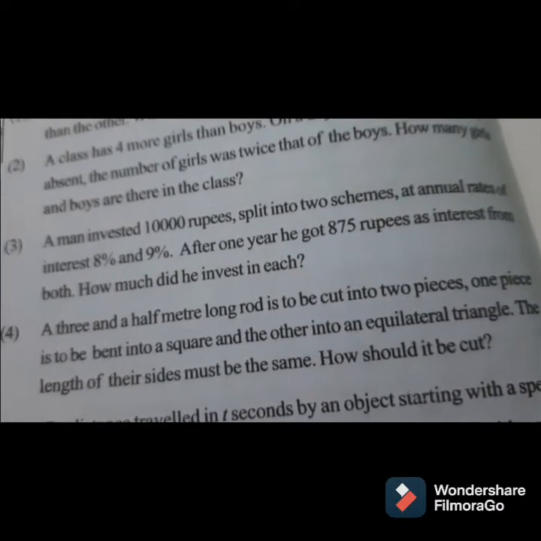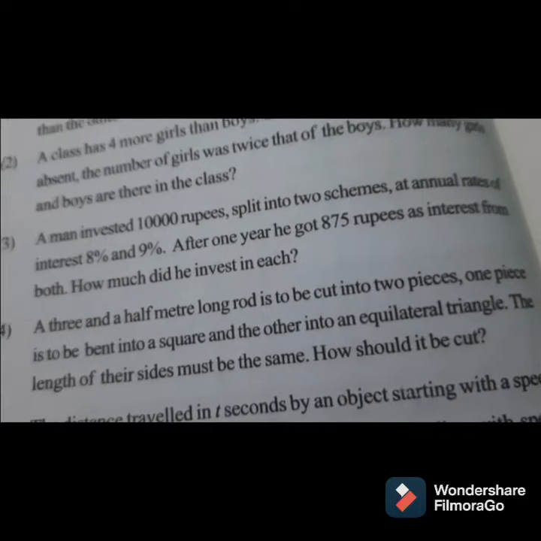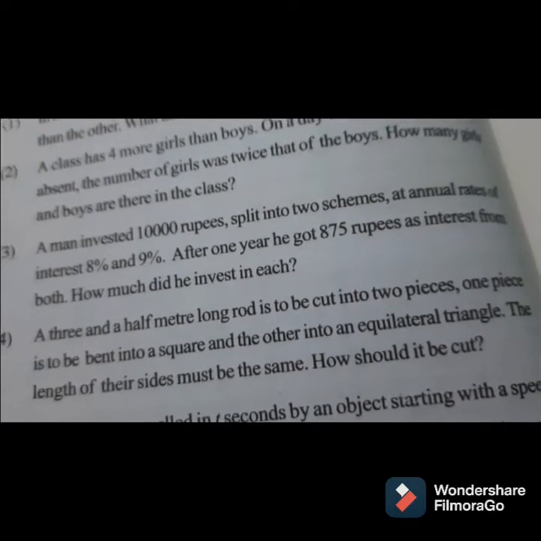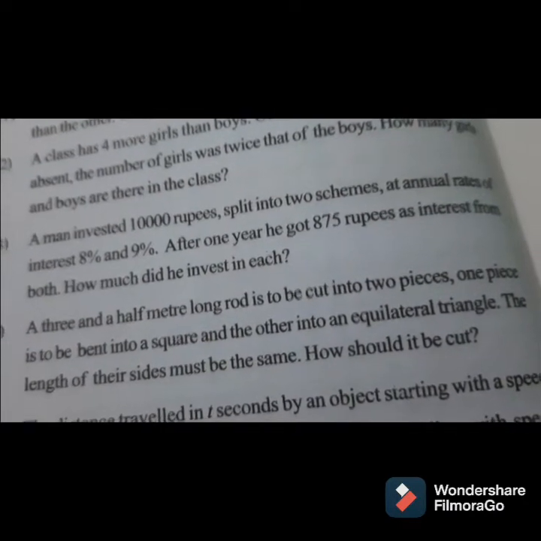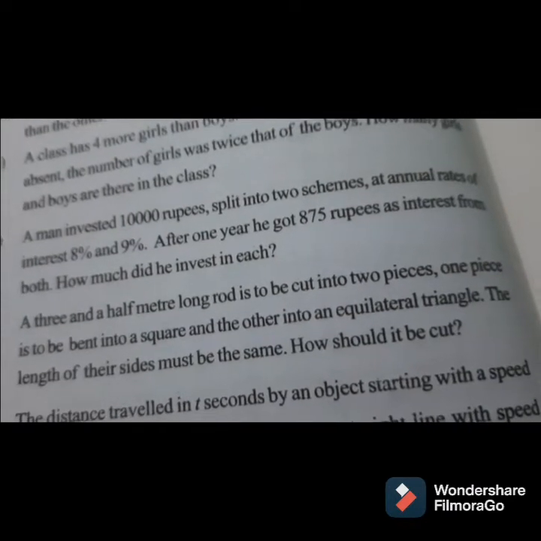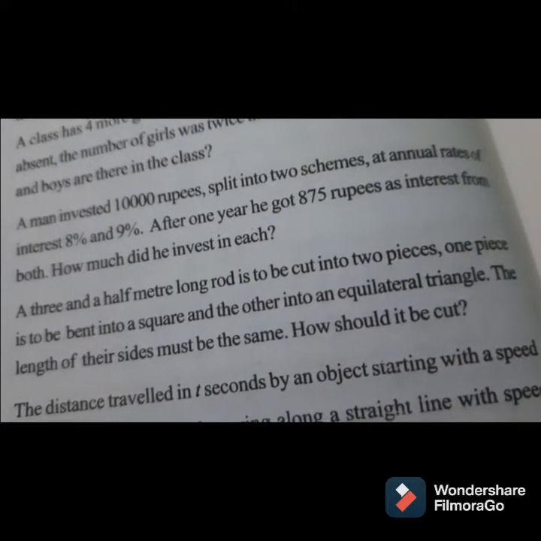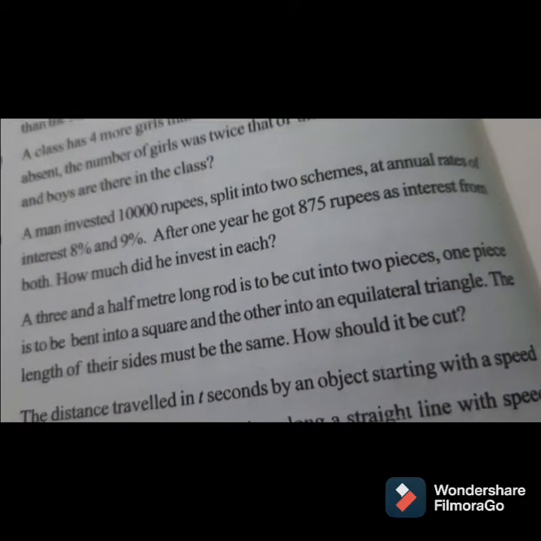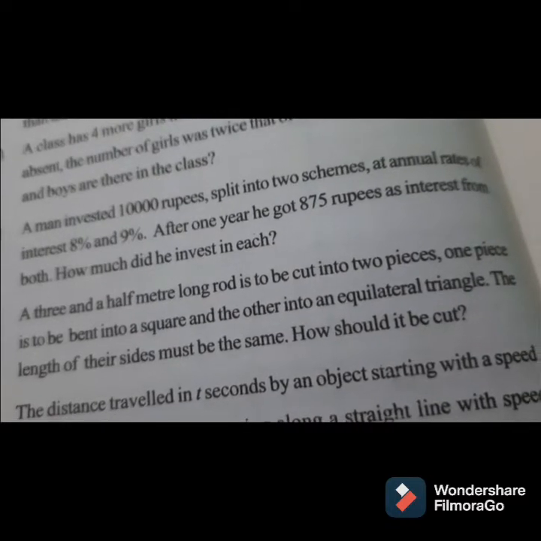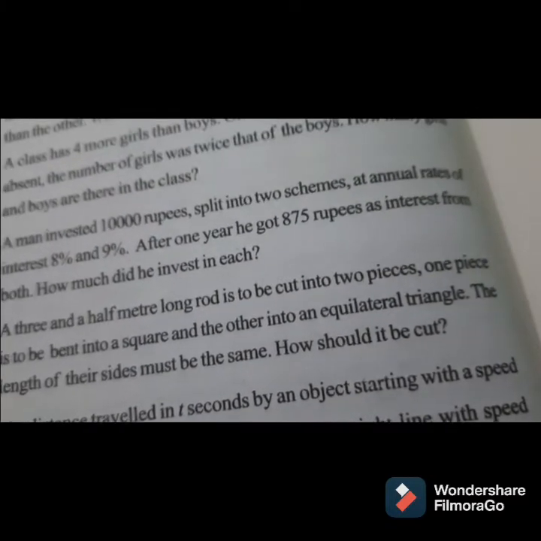How much did he invest in each? How much amount did he invest? 10,000 in 2 schemes. Rate of interest 8%, 9%. He got simple interest, that is 875.